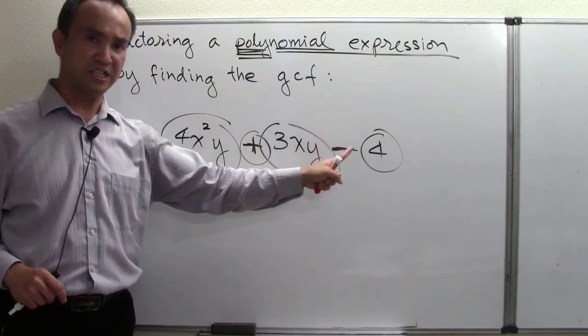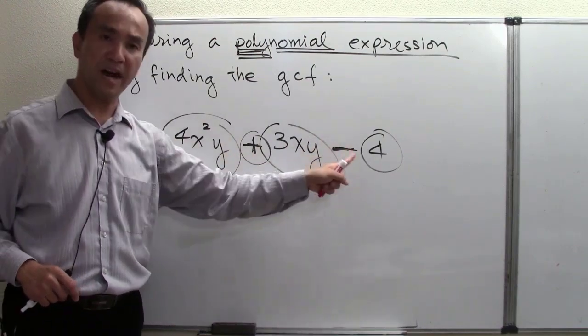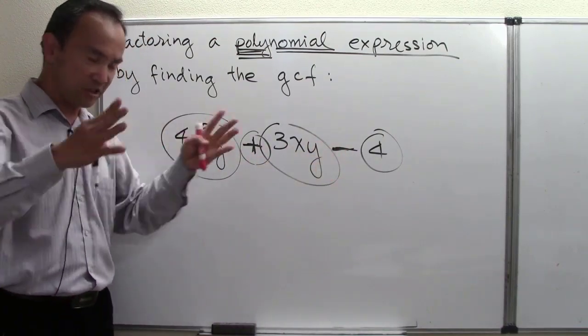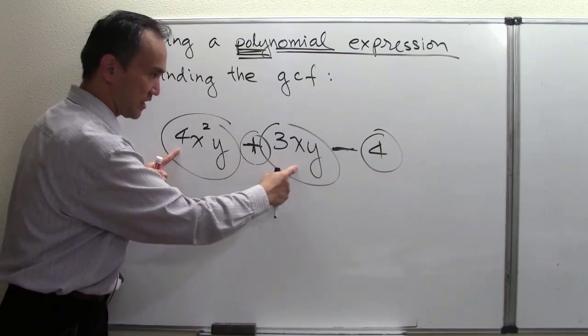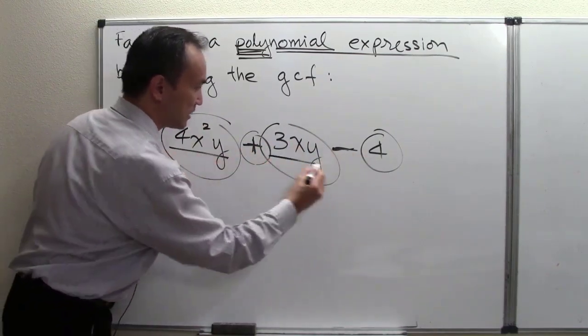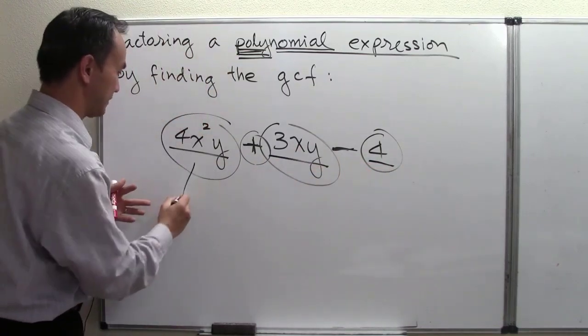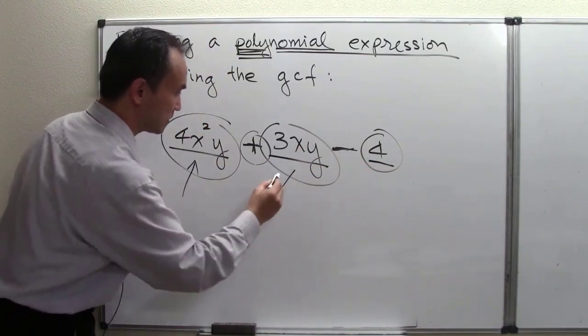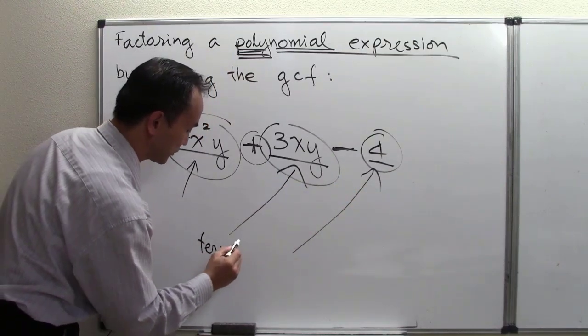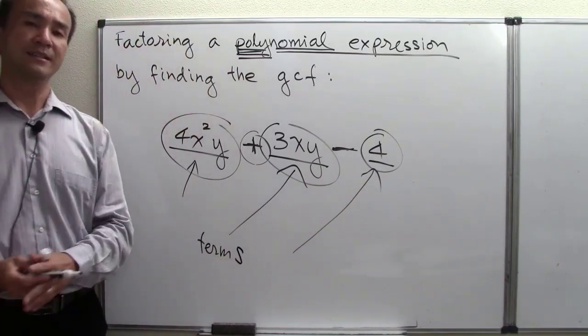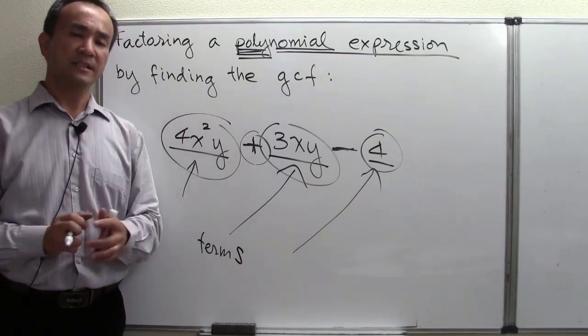And how we can detect the terms: plus and minus separate out the terms. So these signs right here indicate we got a term here, a term there, and a term here. It's a term, it's a term, it's a term. Each one of those I underlined is a term. So that's what a polynomial expression is.